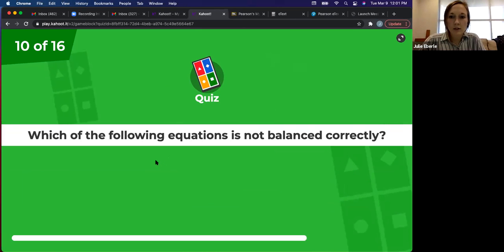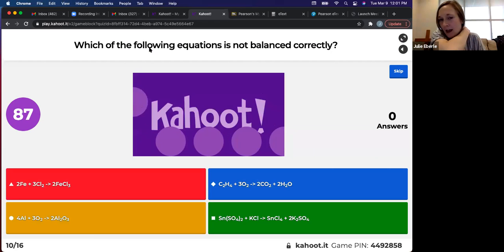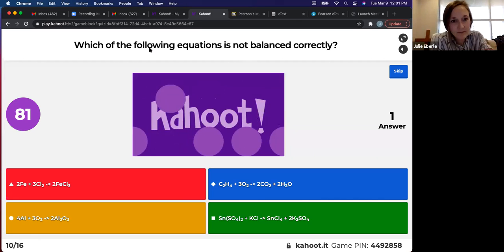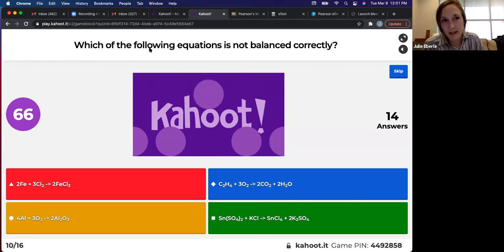Which of the following equations is not balanced correctly? This one's going to take a little more time. You got a minute and a half. So look closely. Bradley says this goes too fast. Yeah, and remember, you're not going to have a timer like this on the exam, but hopefully it simulates a little bit of the pressures on.